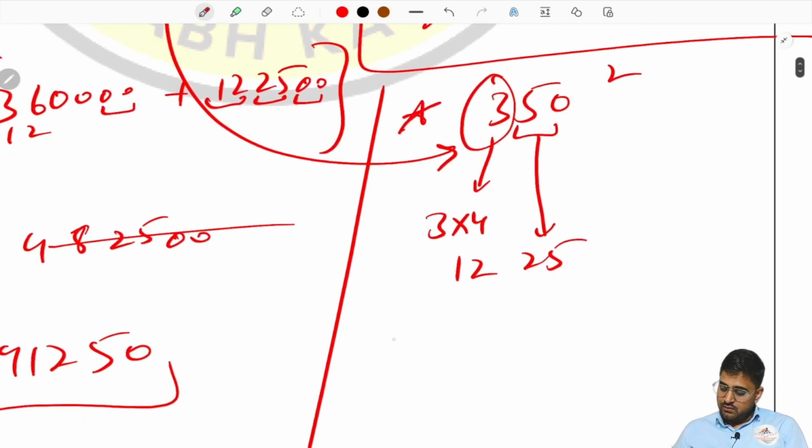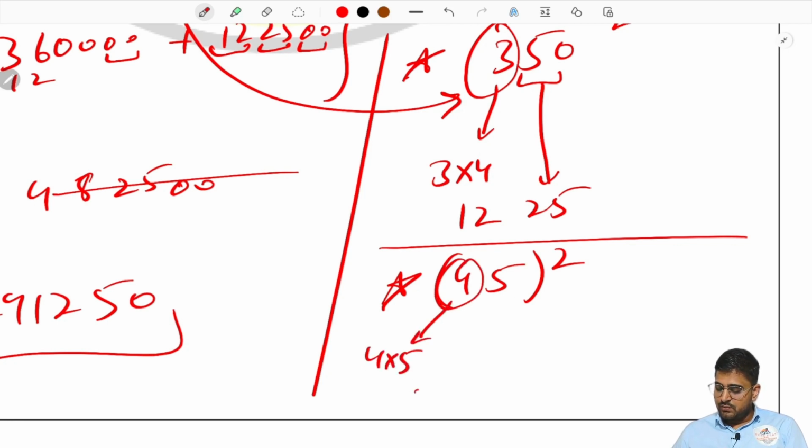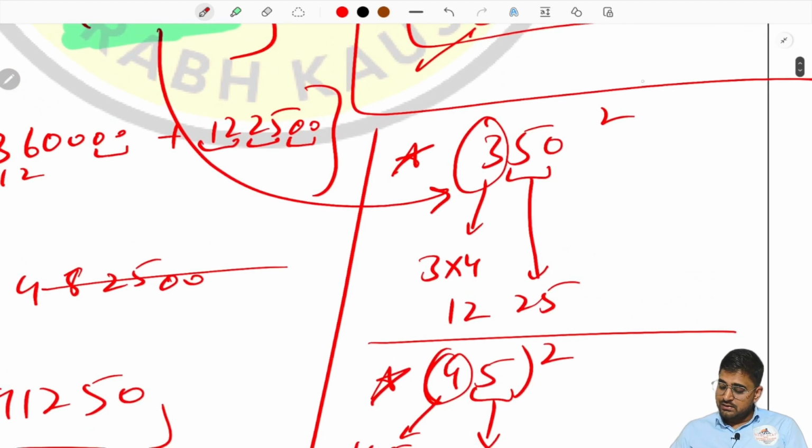Let us take another one. For example, here it is 45 square. Now what you have to do, just multiply by the next number, 4 into 5, it becomes 20, and then 25. So 2025. Let us take another one, 65.